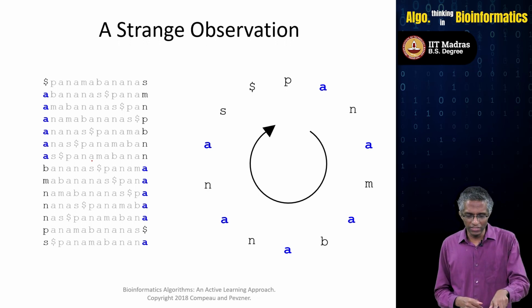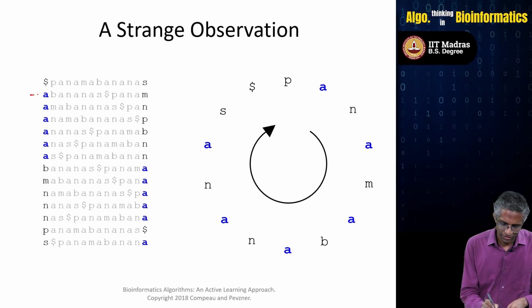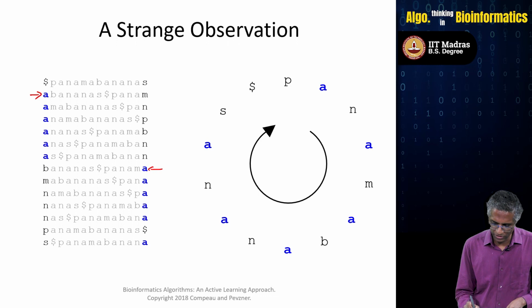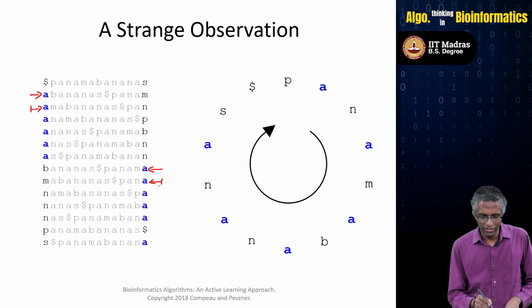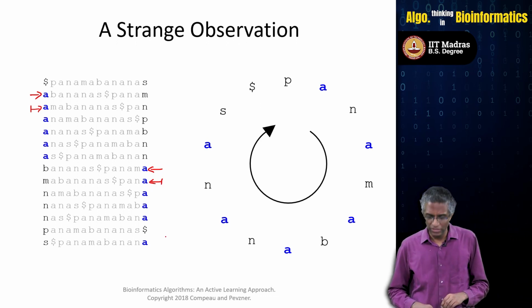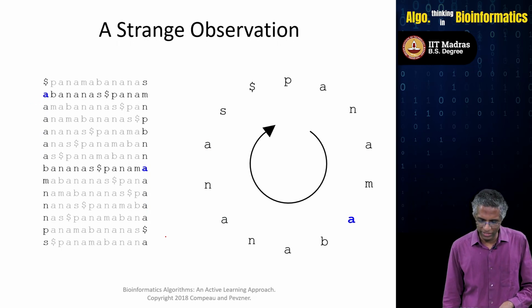The first occurrence of the A here is going to be matched to the first occurrence of this A here. The second occurrence of the A here is going to be the second occurrence of the A here. So there is going to be a 1-to-1 correspondence between the order in which these A's appear. What do I mean by that?